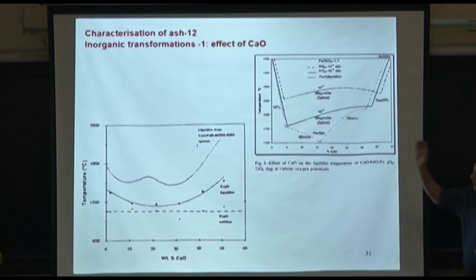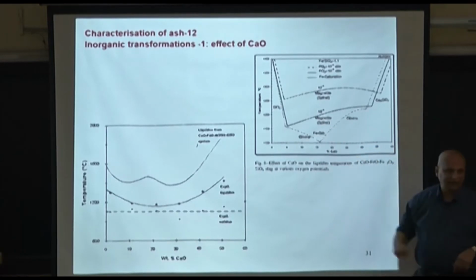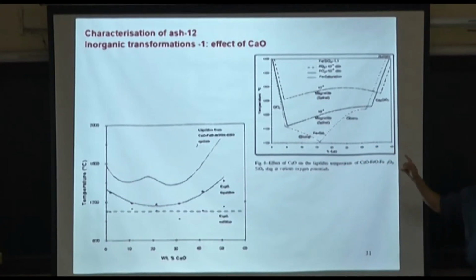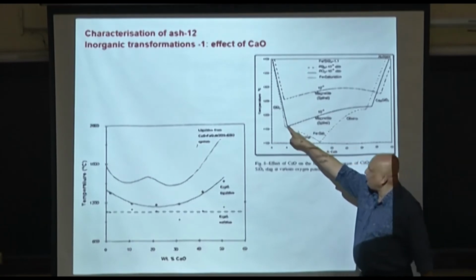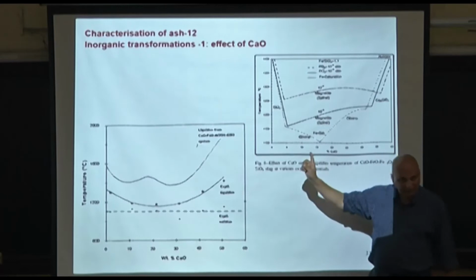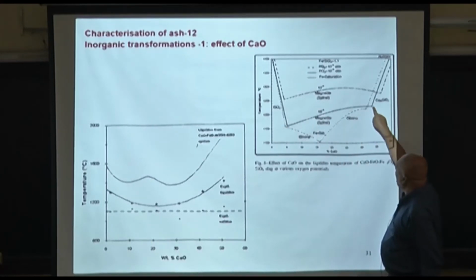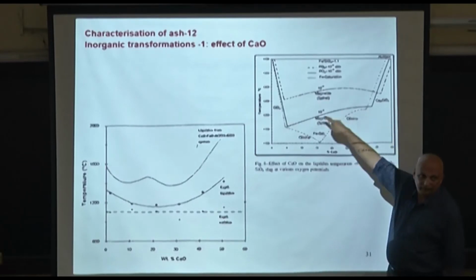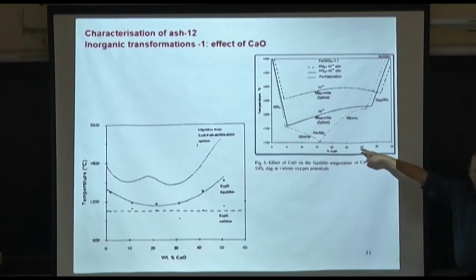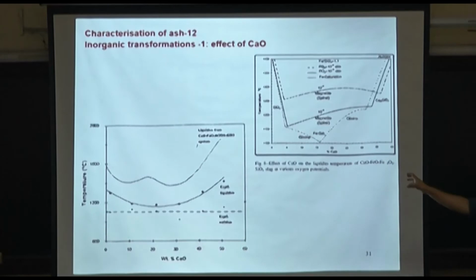So if this is the compound that has formed, then your sample must have experienced a temperature range between here and here. Otherwise, it would not have formed. And these databases are now very well defined.